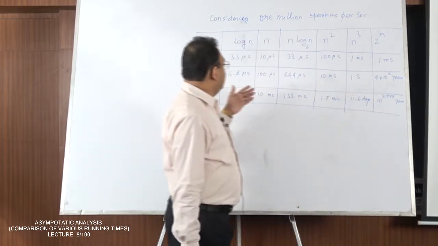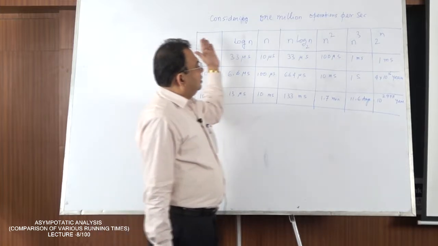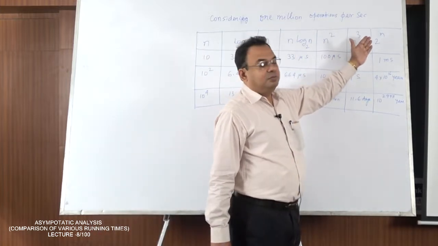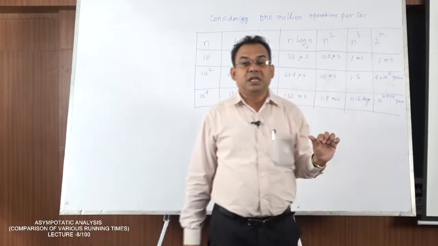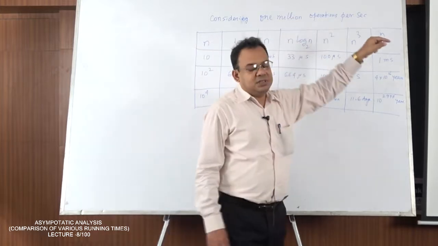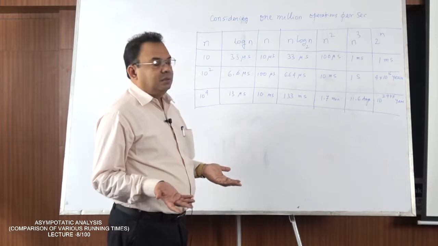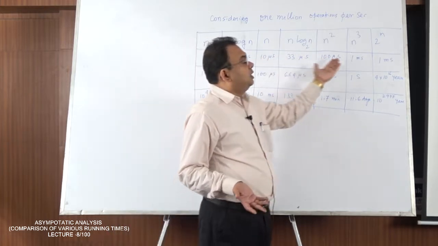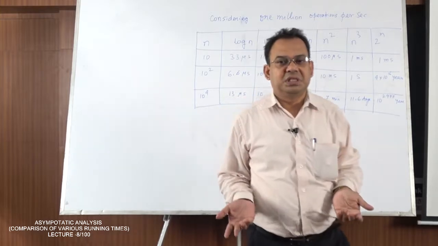So just imagine that what matters is the growth rate of algorithms, that is, the number of basic steps executed per second, here assuming 1 million operations per second. Depending on the design of algorithms, the running time matters, because running time is ultimately proportional to the number of basic steps.